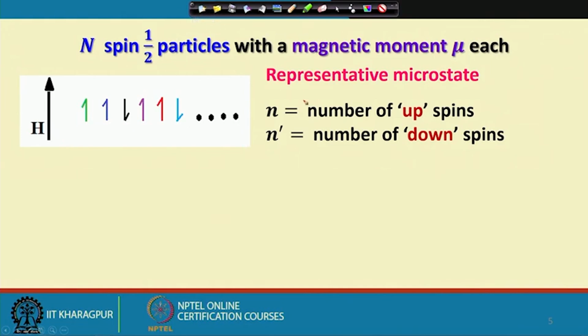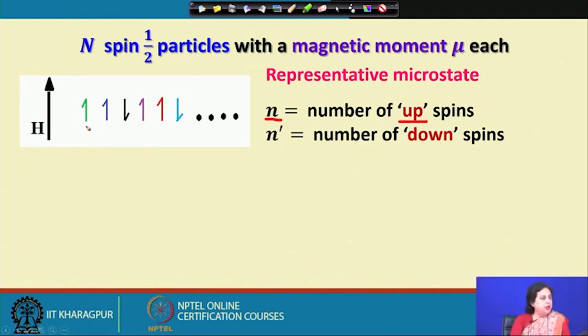For any given microstate, small n is the number of up spins. So, if I have these many spins, how many up spins do I have? 1, 2, 3, 4. So, small n would be equal to 4, and n prime is equal to the number of down spins.